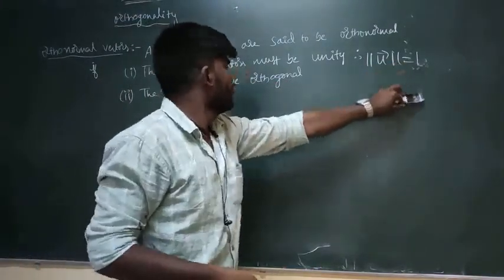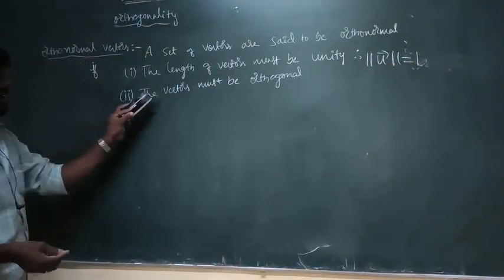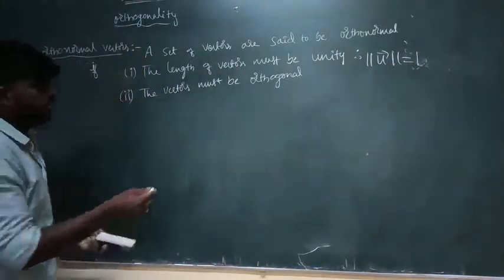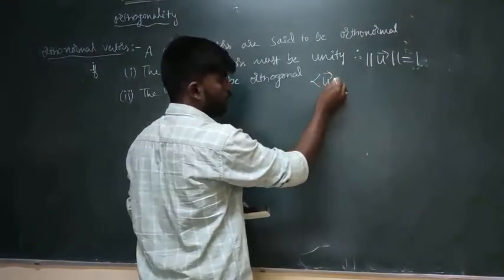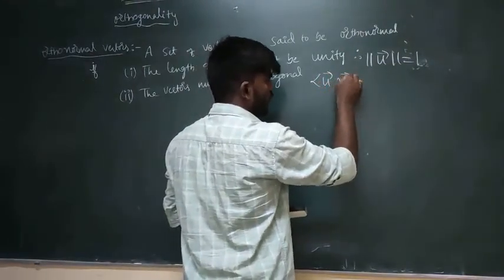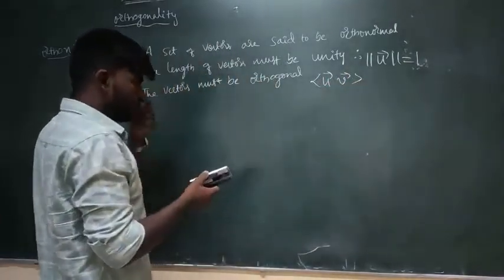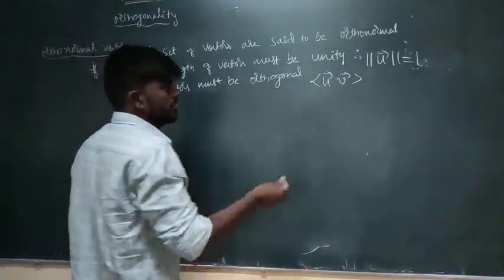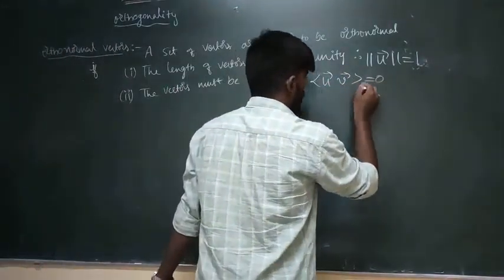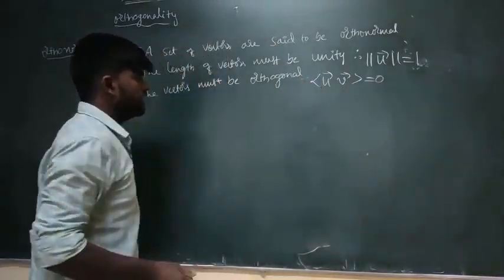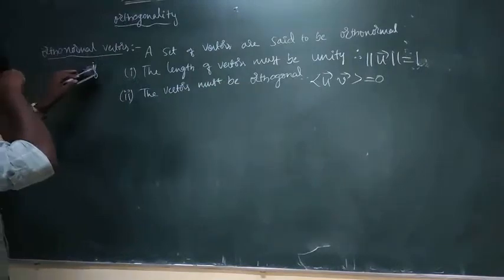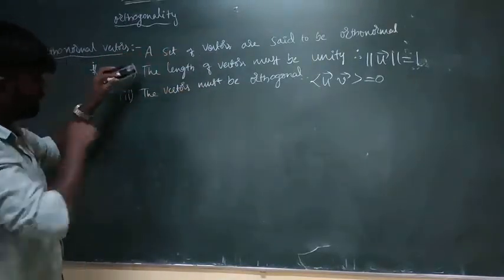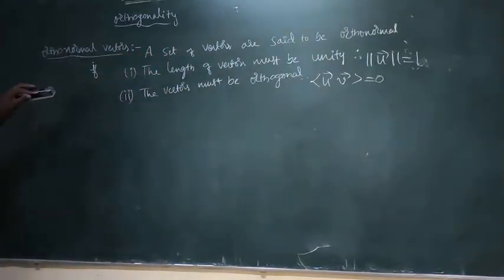The second condition is that the vectors must be orthogonal. Orthogonal means if we take u and v, their inner product is 0. Then we call these two vectors orthogonal. If a set of vectors satisfies these two conditions, we say those vectors are orthonormal vectors.